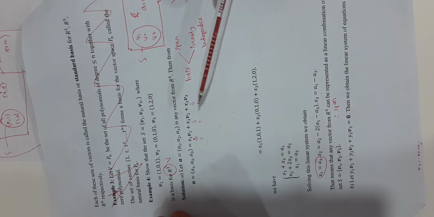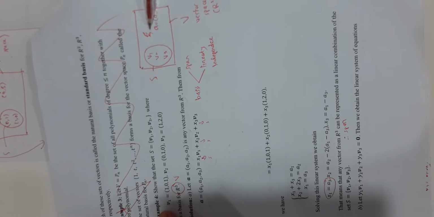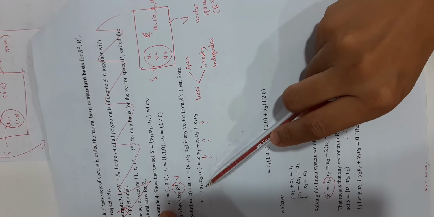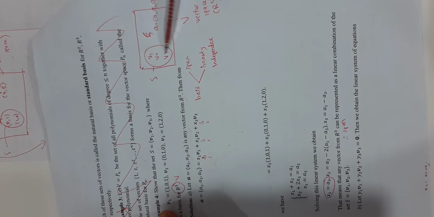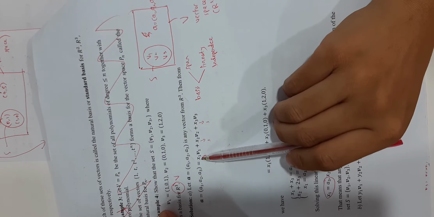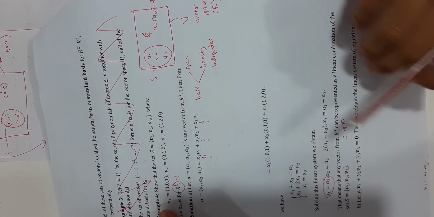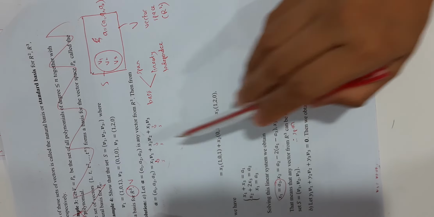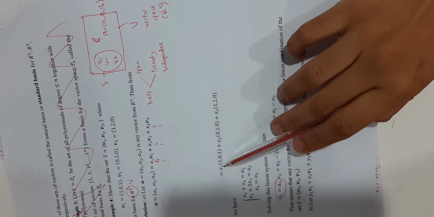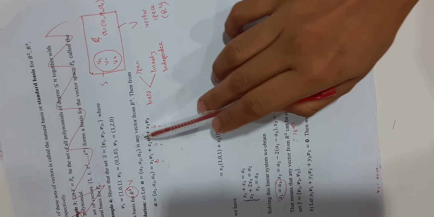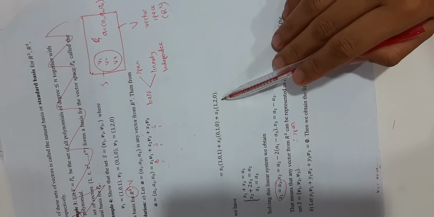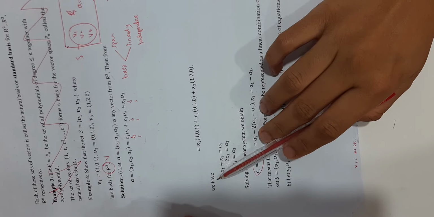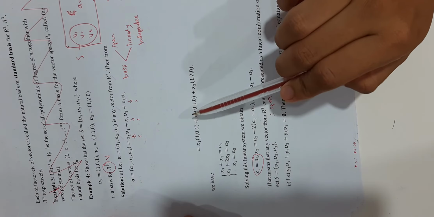Alright, so now we want to check. For it to become a span, this vector A must be able to be written as a combination of v1, v2, v3. That means this x1, x2 and x3 must exist. So you can write it down like this. You just replace v1, v2 and v3 with these vectors. Then compare the left hand side with the right hand side.